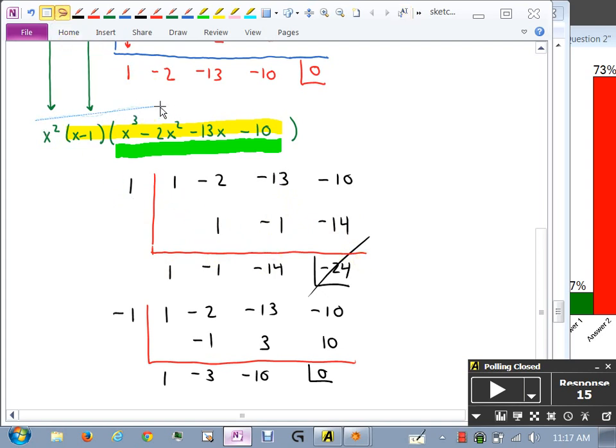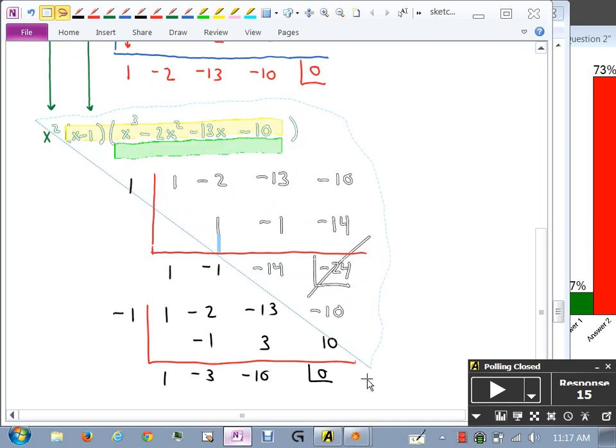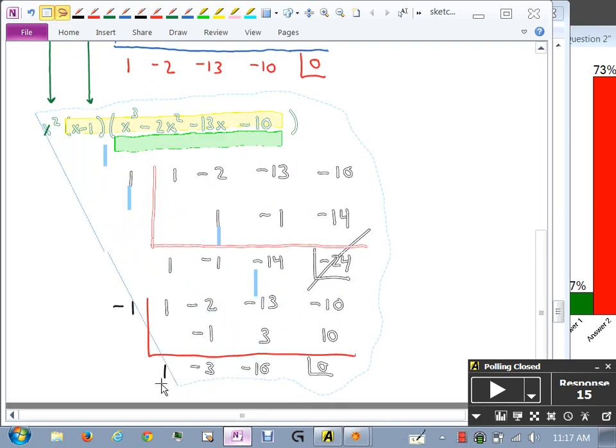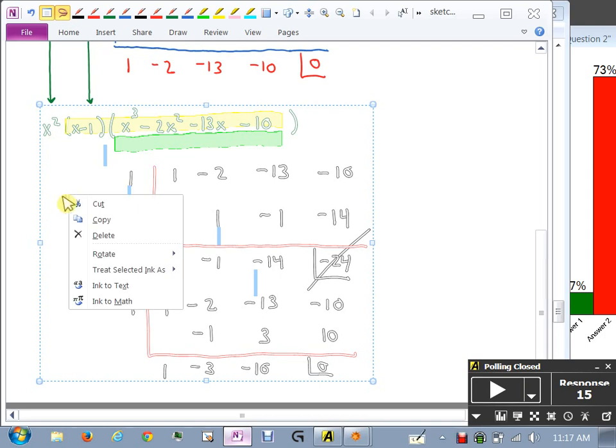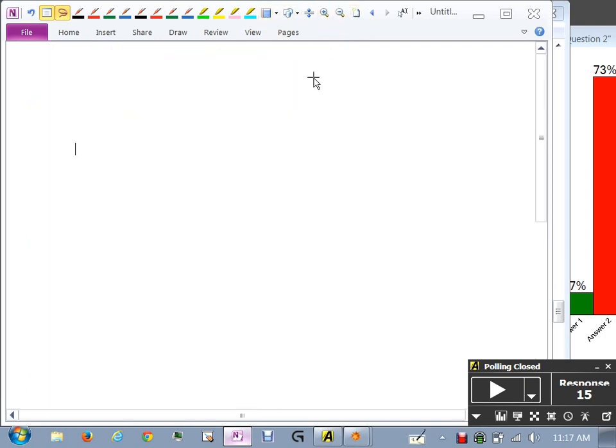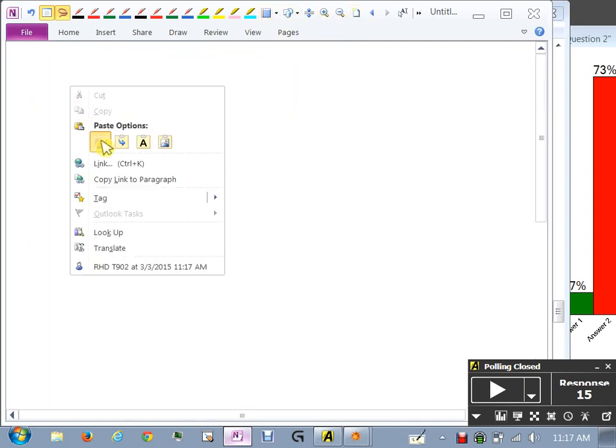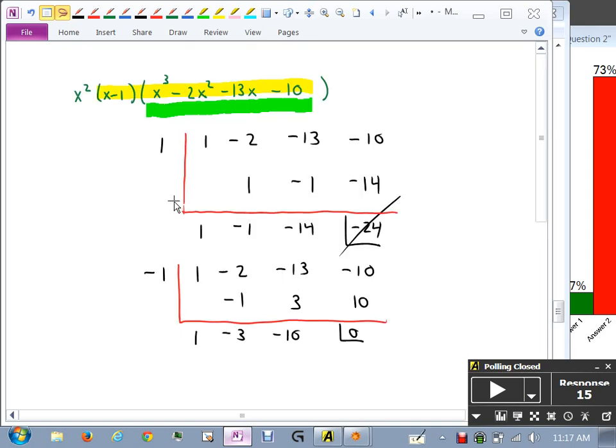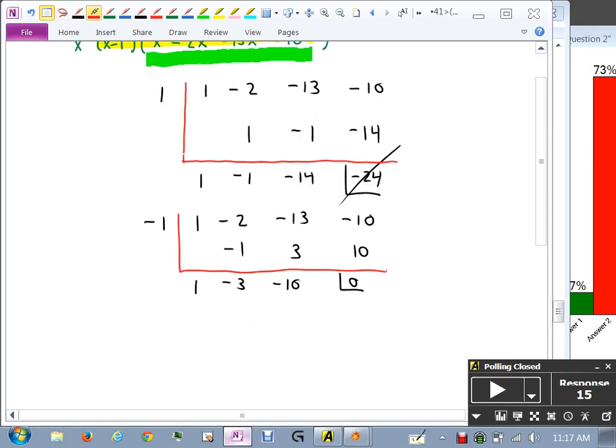So I'm going to take everything here and move it to the next page. Okay, so what does this tell us we have? This gives us x plus 1 as a factor, right? Always opposite of what you see.